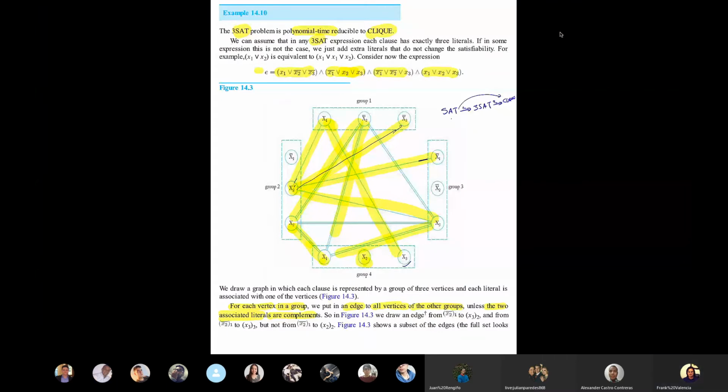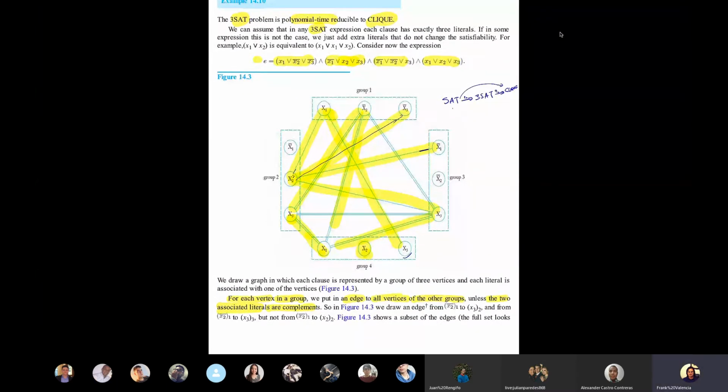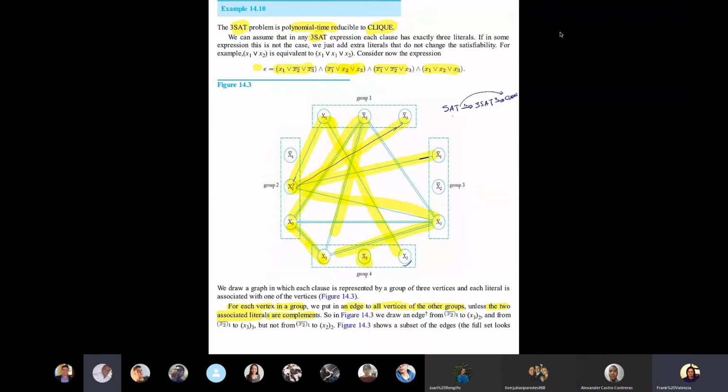Profe, por el chat están preguntando que si la conexión hacia sí mismo es redundante, o sea, ¿por qué no aparece la conexión hacia sí mismo? No, because I'm not making all connections. The only connections that are not possible are the ones that are complementary.